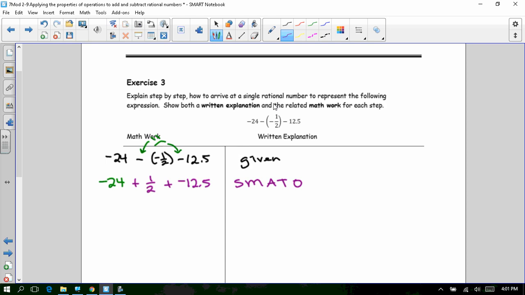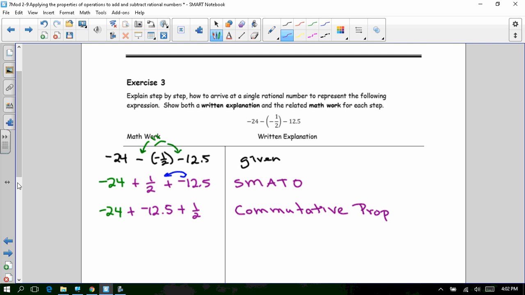All right. I think what I'm going to do now is there's a couple different ways we can go about it, but I think I want to rearrange the order of these. I think I want to flip the order. Okay, so let's go with negative 24. And then let's write this as plus negative 12.5 plus 1/2. Okay, commutative property lets me flip-flop the order of those.